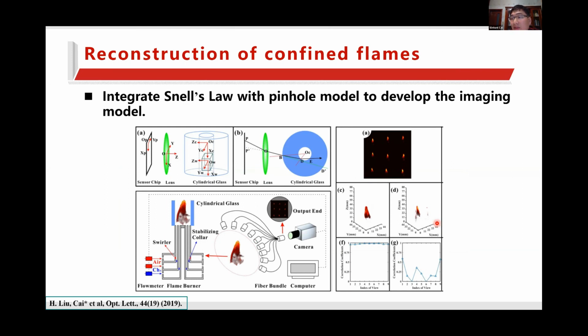So the refraction on the inner and outer surfaces of the cylinder messes up the projections, and the reconstruction would not be successful if you use the simple pinhole model. To solve this problem, we integrated Snell's law with the pinhole model. This is a collaboration with an Italian group.